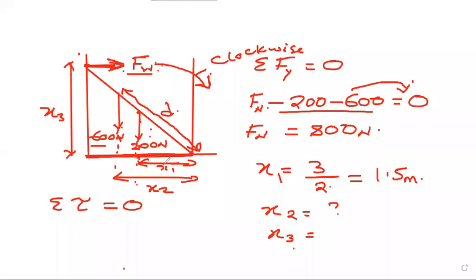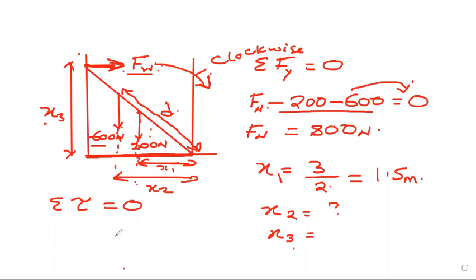We have been given the longest side of this triangle, the ladder, which is 5 meters. The base here is 3 meters long also. We can find the length of the wall, which is x3, using the Pythagorean theorem. So how will our equation be?